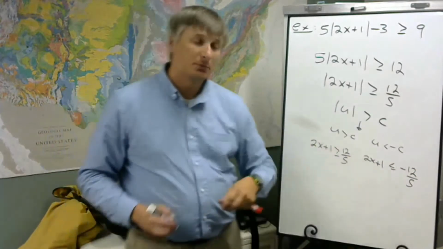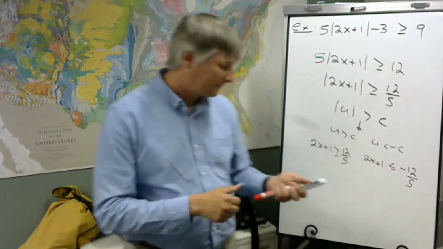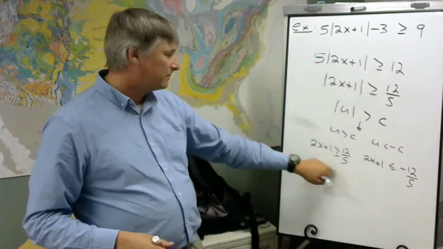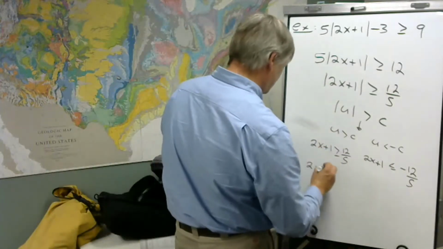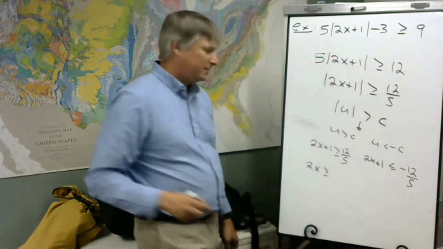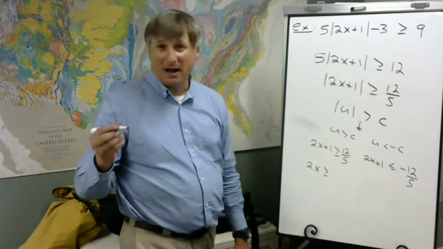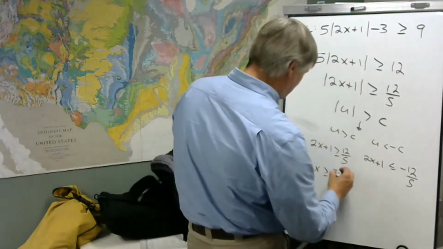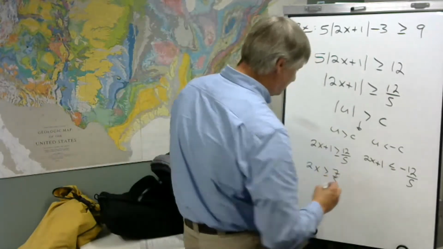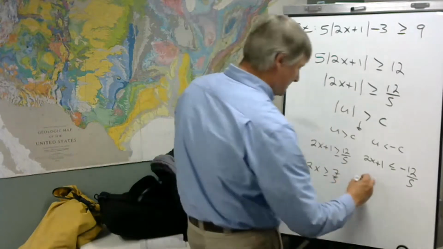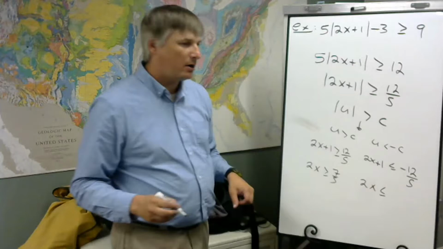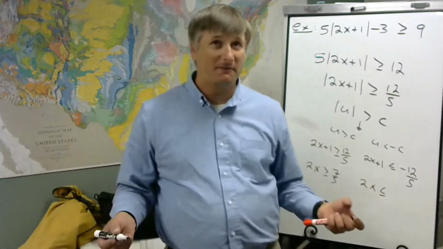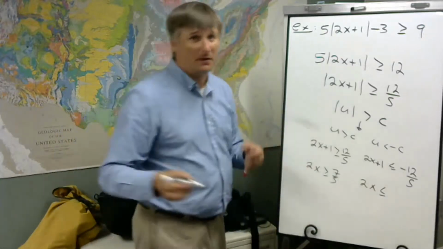And in both of these, we're going to solve for x. So subtract 1 from both sides. So you can say 12/5 minus 5/5, 7/5. And then for this one over here, minus 12/5 subtract 5/5 is negative 17/5.